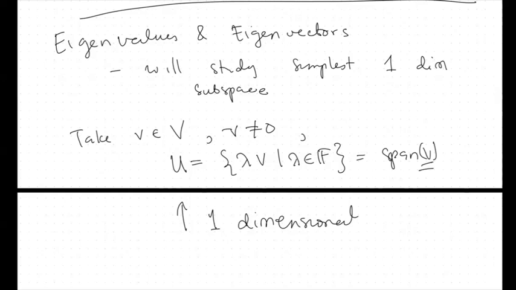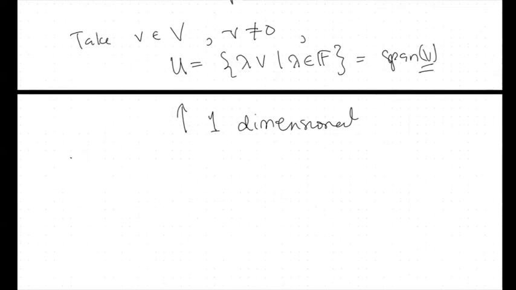Every one-dimensional subspace of V is of this form for an appropriate choice of V. And if U is invariant under T, then T of V is in U also.